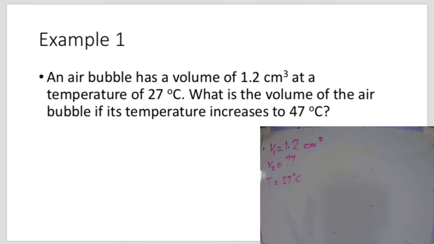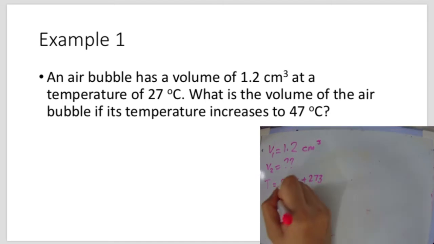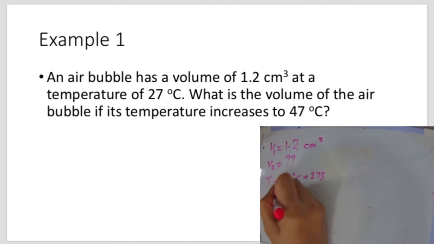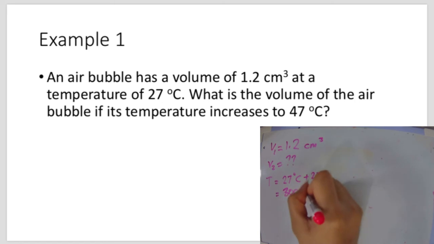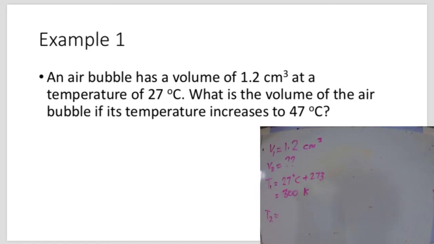Remember, we want to change it to Kelvin, so we have to add 273. So you will get a total of 300 Kelvin. This is the initial temperature. And the final temperature is 47 degrees Celsius, converting it into Kelvin, you get a total of 320 Kelvin. So remember, for the gas laws, you have to use Kelvin.